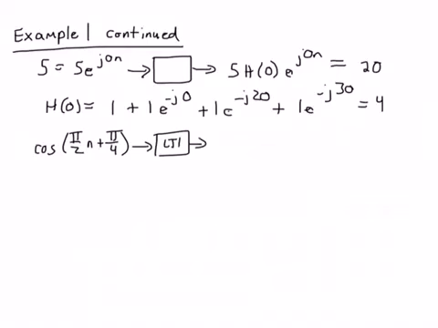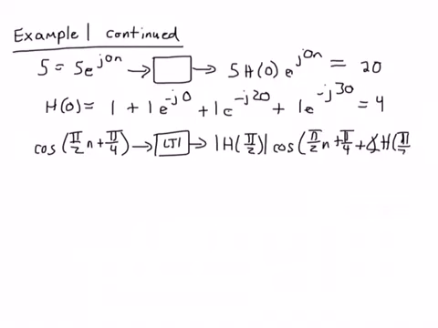It has a real impulse response, which means that we can write the output here as the magnitude of H of pi over 2, times cosine pi over 2 n plus pi over 4 plus whatever the phase of the frequency response is at pi over 2. Okay, so let's first find H of pi over 2.